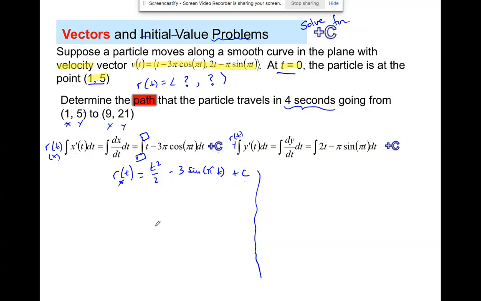Well, what t can you plug in? 0, right? And what position did you have then? At x equals 1, when t was 0. So what is c? Well, in this case, c was just 1. But what about over here?